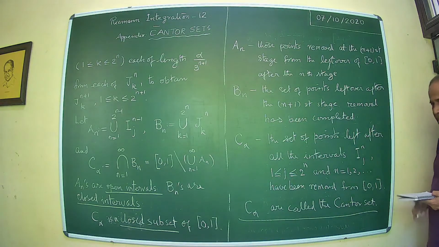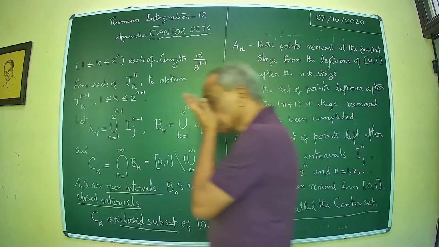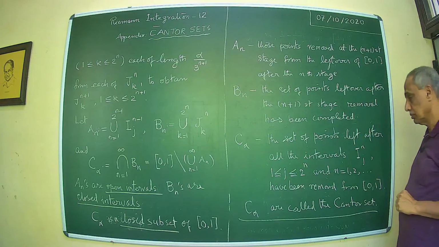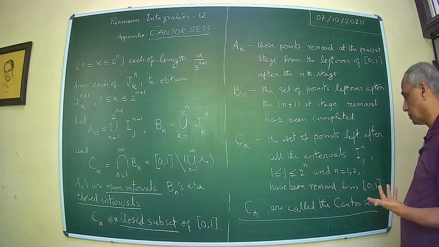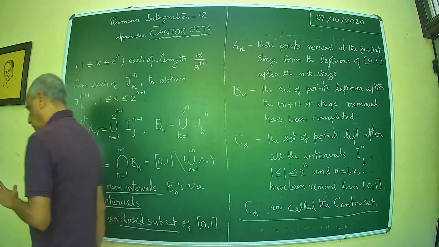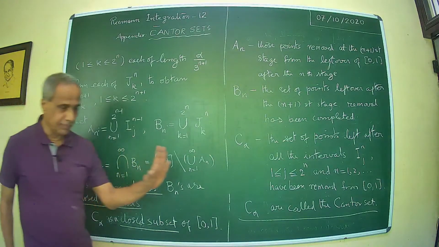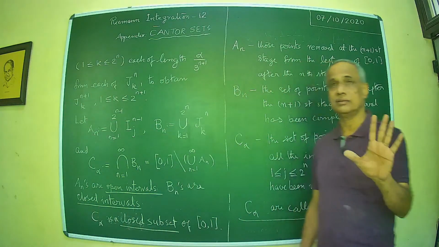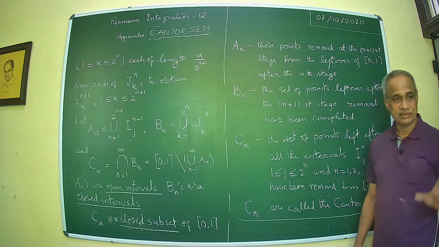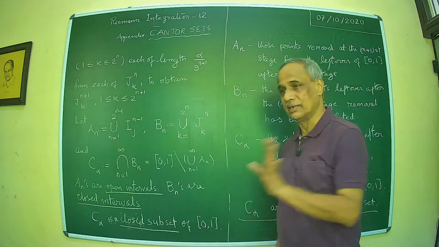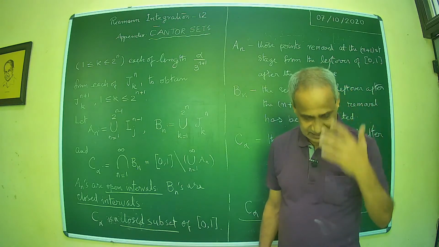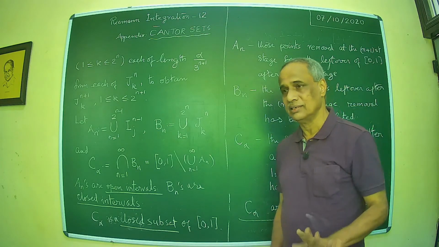Okay. One special case of interest is if alpha is equal to 1. When alpha is equal to 1, what you do is you start with removing the middle 1/3 of the interval 0, 1, and then the middle 1/3 of the two leftover intervals, then again the middle 1/3 of the leftover intervals, and so on, and eventually after removing everything successively, what is left is what you call C1.